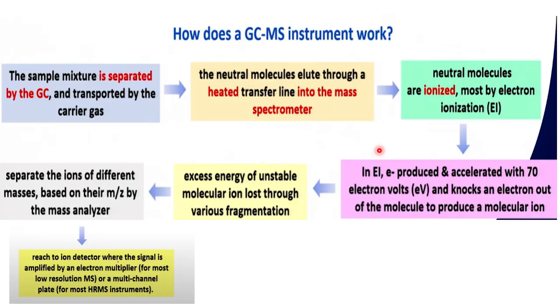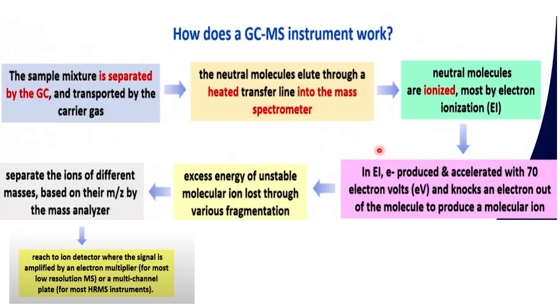where you provide electron volts to knock out an electron from the species, and that excess energy makes the unstable molecular ion lose energy through various fragmentation. So whenever it is generating charged species, that excess energy leaves it in an unstable phase.